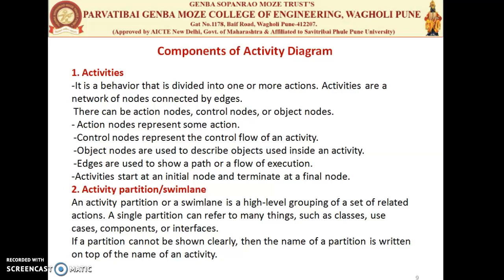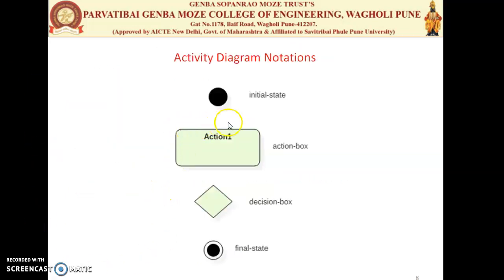So it can be an action node, a control node or an object node. In the previous notation we have seen the action box. It is called an activity. So the behavior of the system can be divided into a number of actions or activities, you can say anything, but activity will be the proper word for the activity diagram.